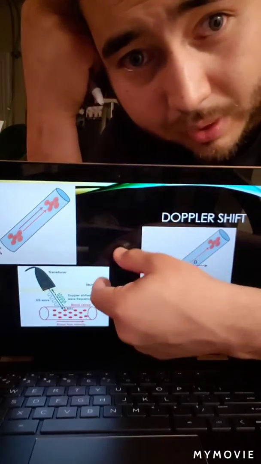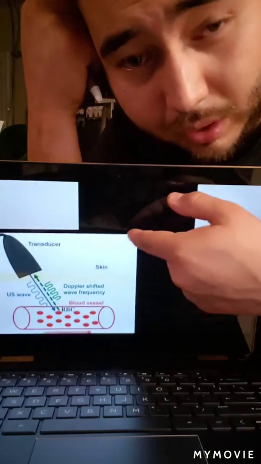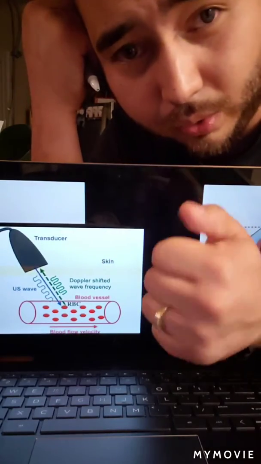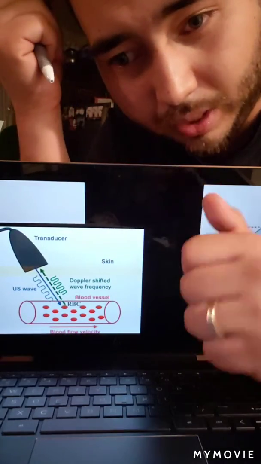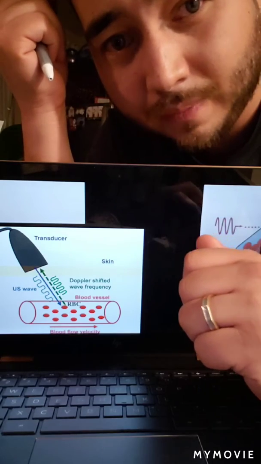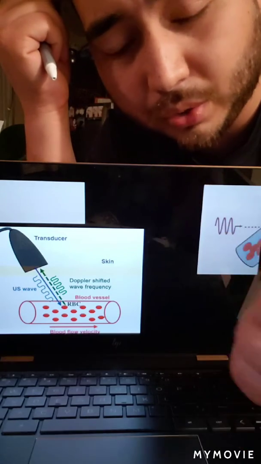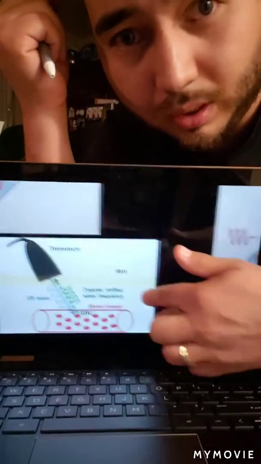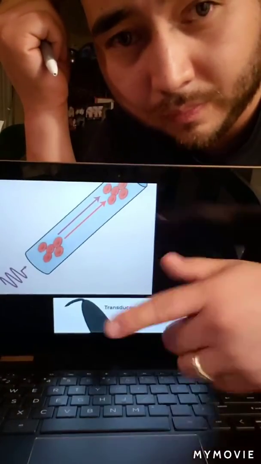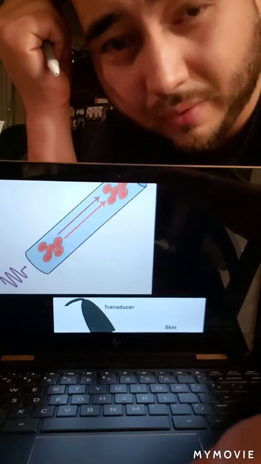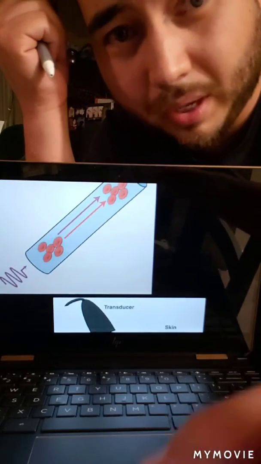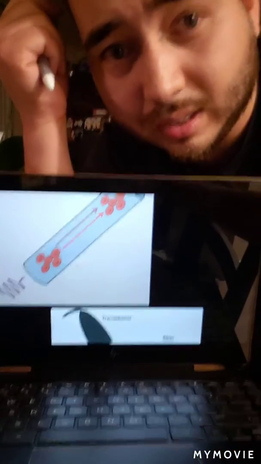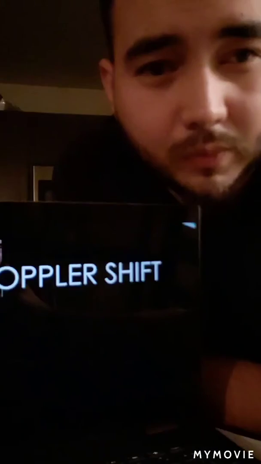This is another example of what I mean by heel-toeing your transducer to get less angle from the transducer to the blood vessel. The more parallel you have it to the flow, the better the result, and the more accurate the velocity is.